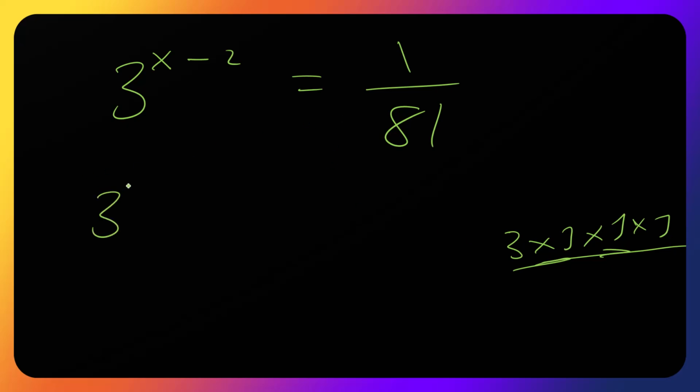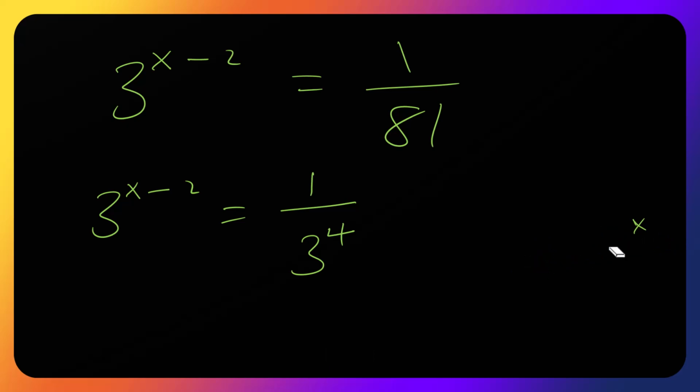So that will be 3 to the power of x minus 2 equals 1 over 3 to the power of 4. But let's be very careful here. Something is fishy here. The right hand side is supposed to be in linear form so that we can equate the powers. So let's record this property: 1 on a to the power of n is the same as a to the power of minus n.